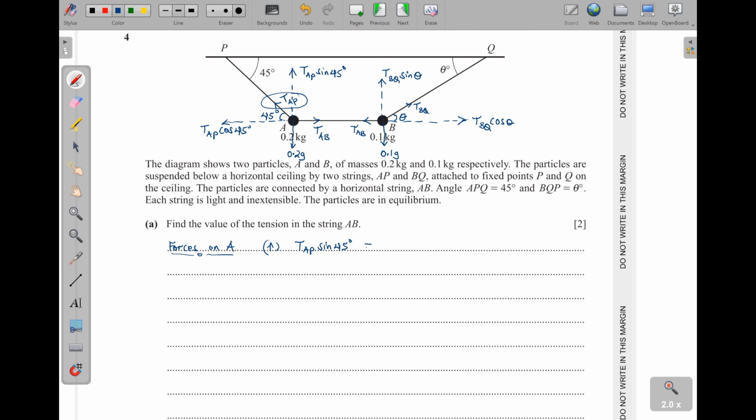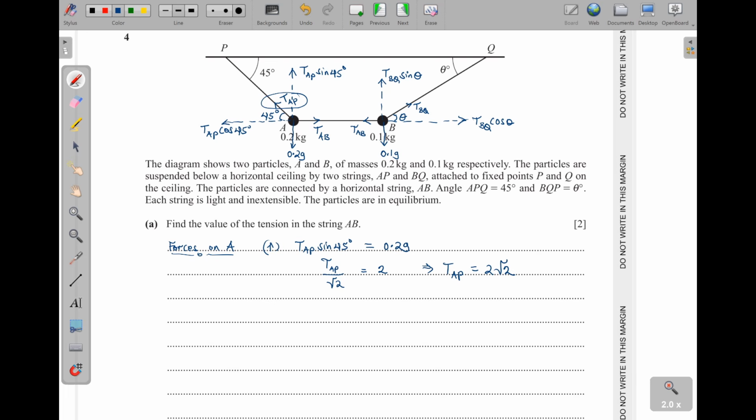Then this one is equal to the one going down here, the weight, so 0.2 G. You see that? So of course sine of 45 is the same as 1 over root 2. So we shall have TAP, the tension in AP, divided by root 2, then shall be equal to 0.2 times 10, that is 2. So meaning TAP is equal to 2 root 2.